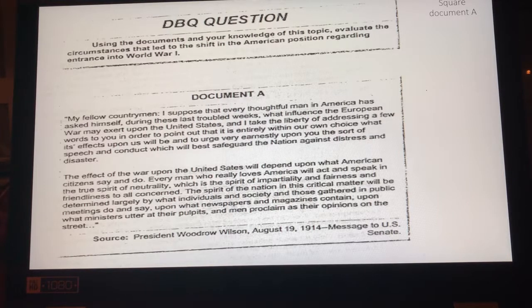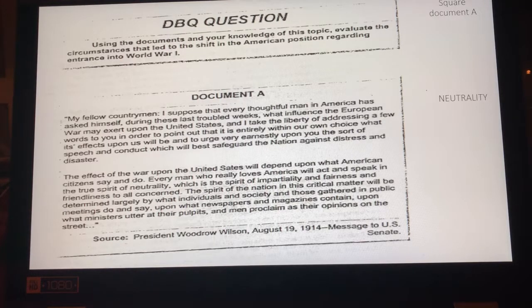So Woodrow Wilson is really concerned about people's speech. And he's saying we need to watch what we say because the United States should be neutral. So at the start of World War I, the U.S. policy to what broke out in Europe was neutrality. And I want you to remember that.